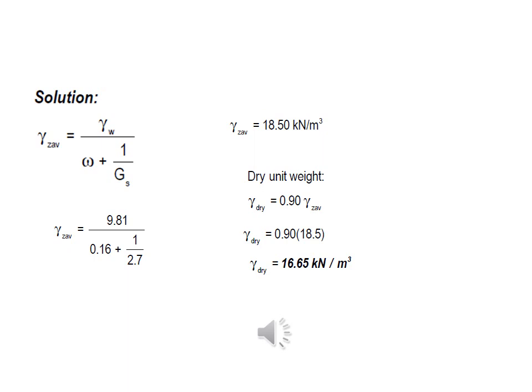So we get 18.5 kilonewton per cubic meter. So going back to the problem, we get the dry unit weight, which is 90% of the gamma zero air void. So multiplying 0.9 to 18.5, we get 16.65.